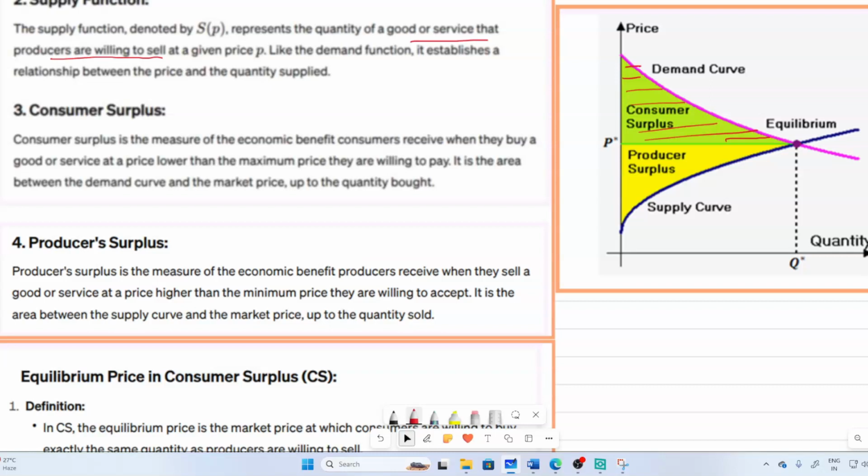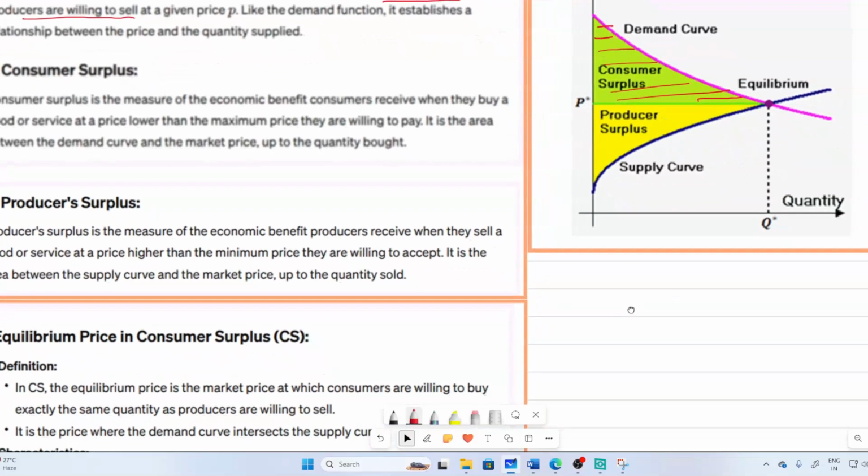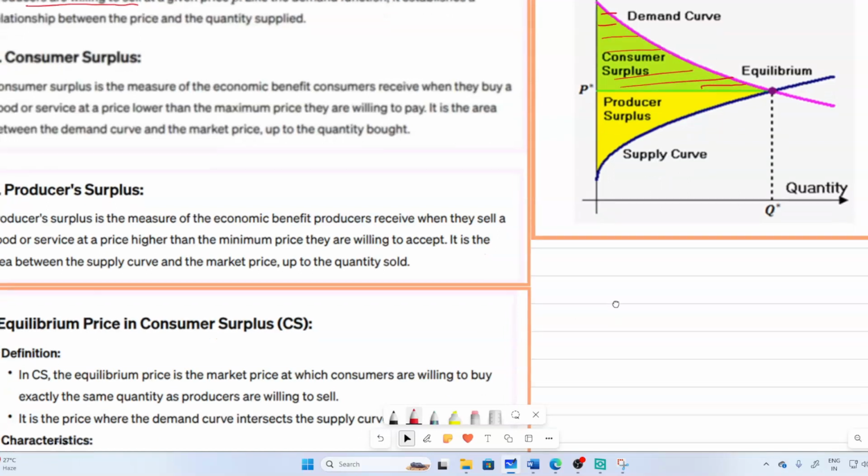Producer surplus is the measure of economic benefit producers receive when they sell a good or service at a price higher than the minimum price they are willing to accept. It is the area between the supply curve and the market price up to the quantity sold. Okay? So this yellow part is the producer's surplus. Now, what is the equilibrium price?